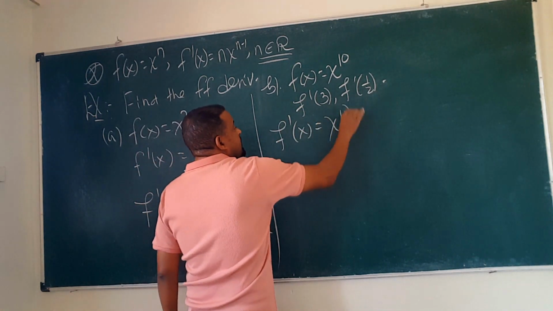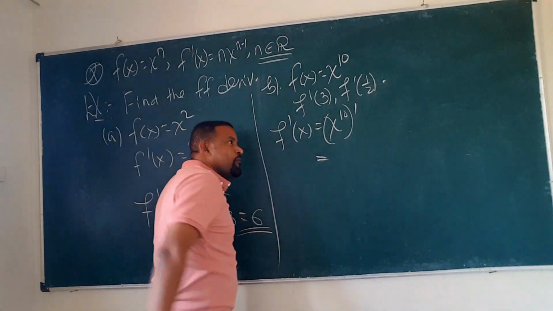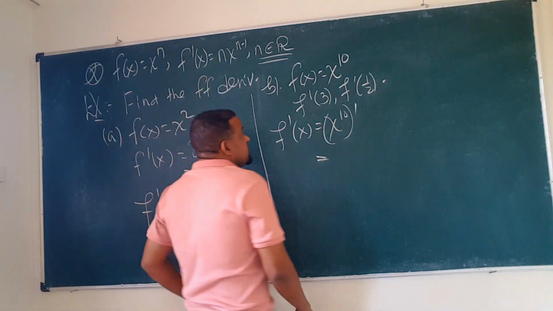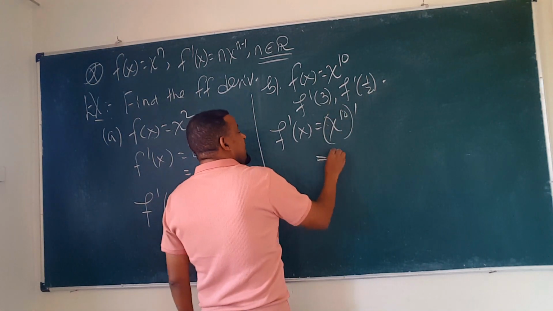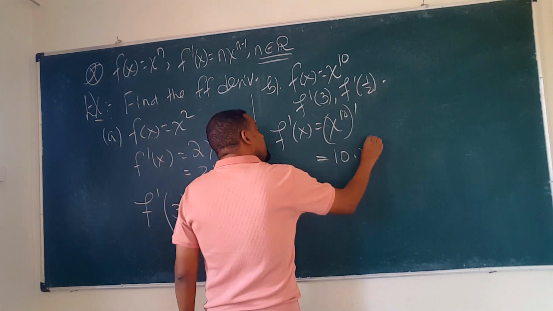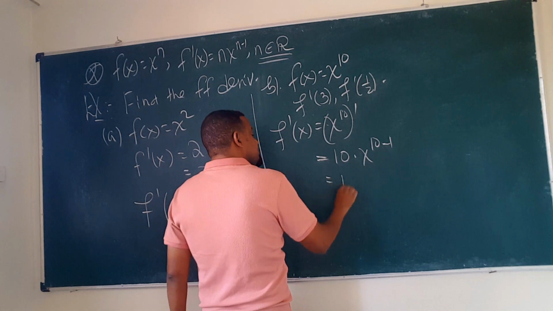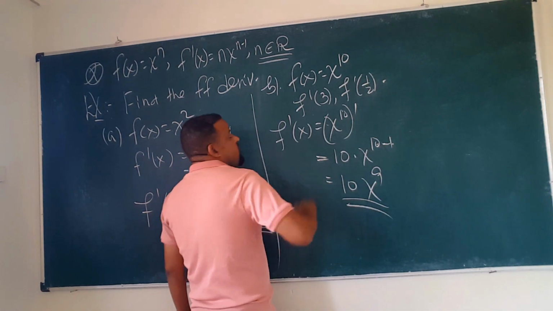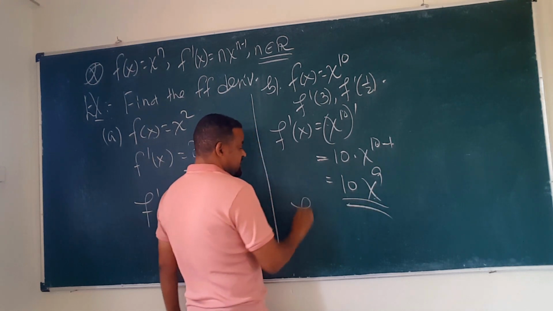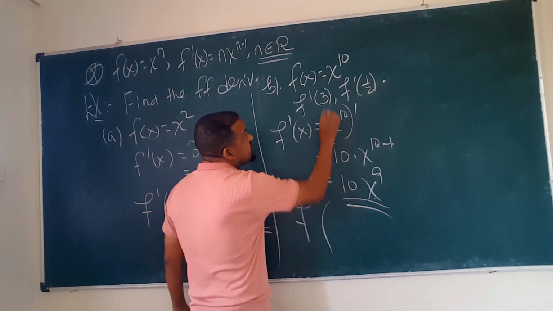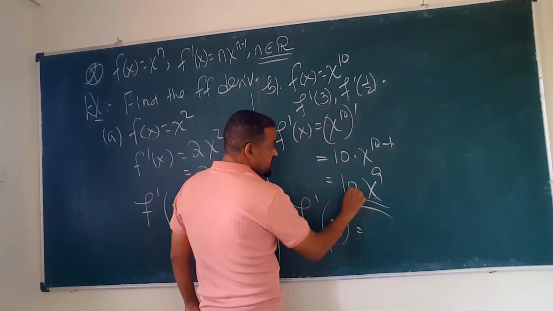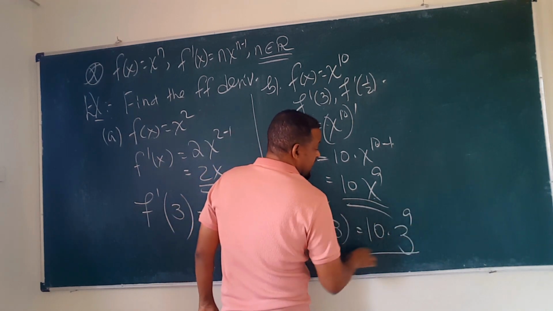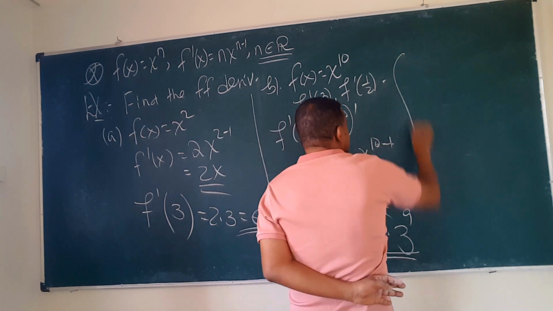The derivative of x the power of 10 is 10 times x the power of 10 minus 1, which is 10 times x the power of 9. Then the derivative at 3: put 3 in place of x, 10 times 3 the power of 9, and calculate this.